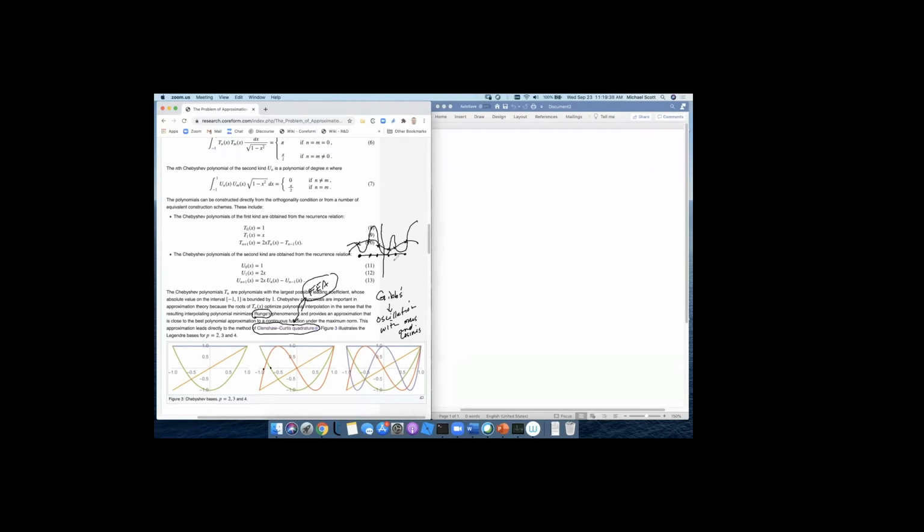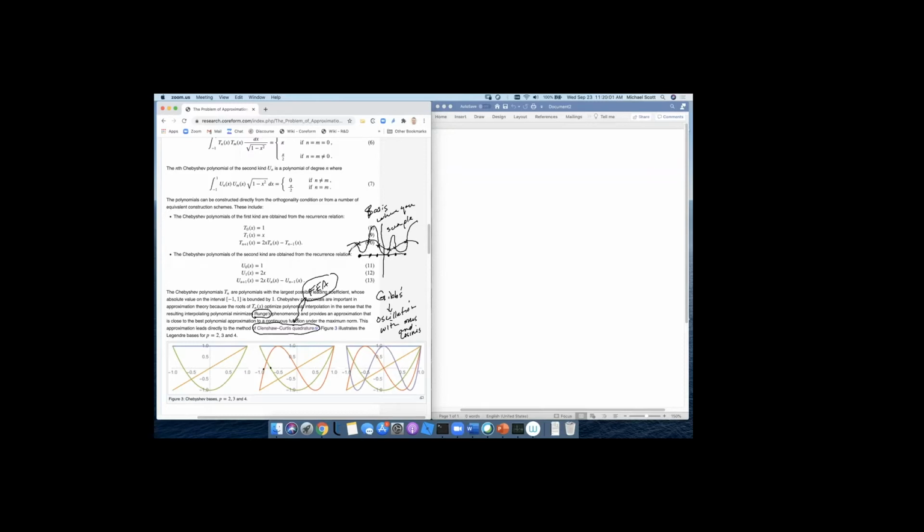So, Curtis, to answer your question, it's difficult to answer because it's not only the basis, but it's also where you sample that will determine the resulting conditioning. When you say where you sample, you're referring specifically to quadrature? Yeah, I mean, that's one way of thinking about sample points.